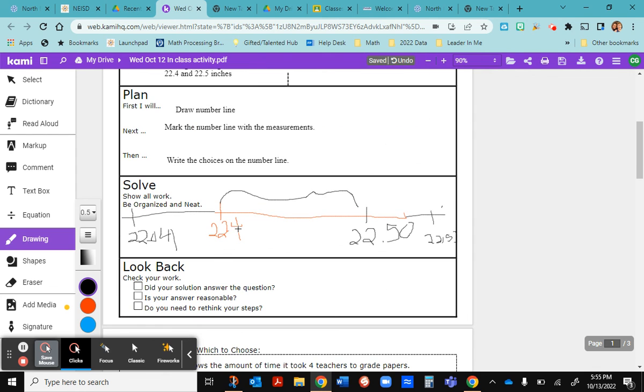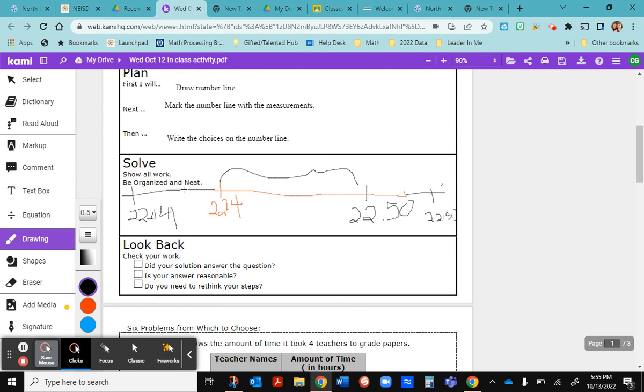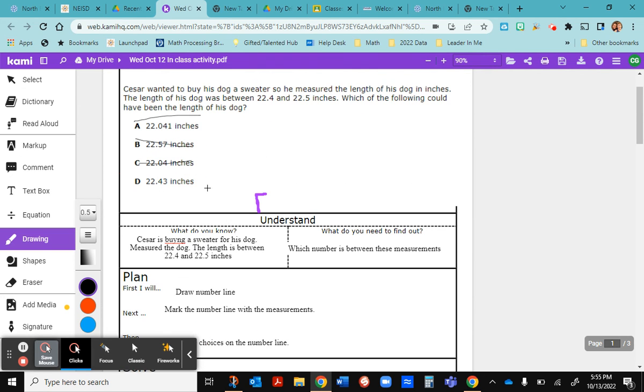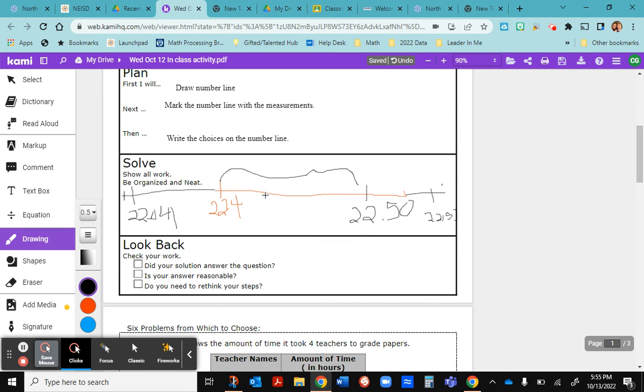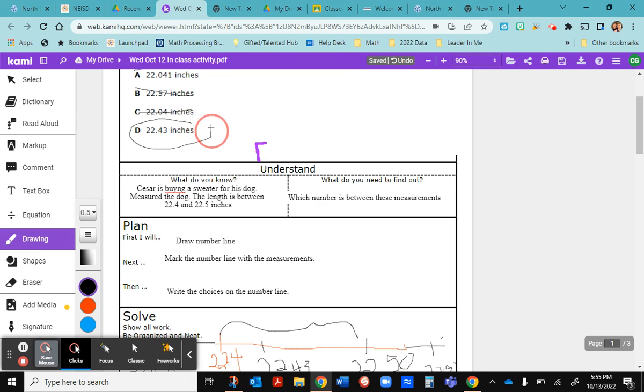Which is greater, 4 hundredths or 4/10? It's going to be on this side, so that doesn't work. What about 22 and 43? Yay! Ding, ding, ding, ding, ding. We got that one correct. So it's 22 and 43 hundredths. All right, so that is going to be the correct one.